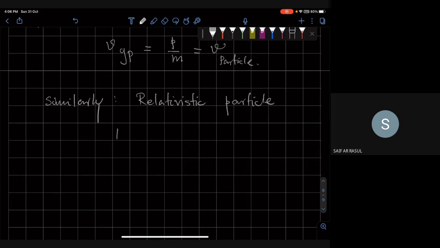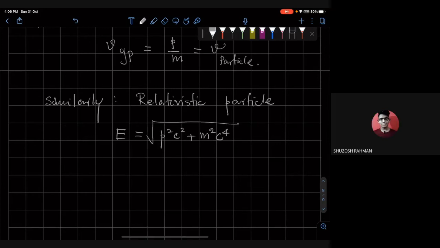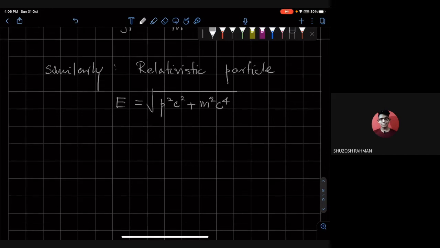For a relativistic particle, the energy is given by the square root of P squared c squared plus m squared c to the fourth, the positive square root. Okay. So now if I plug this into our expression for group velocity, we get V group is P c squared divided by E.